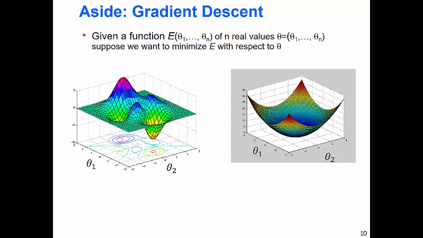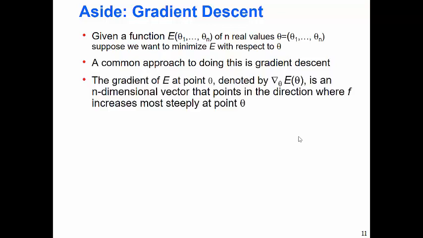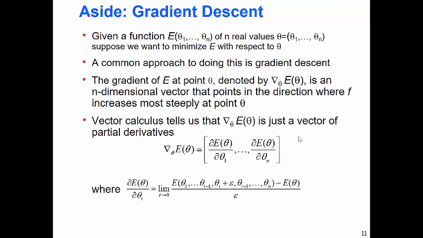Then you're at a new location, and you do the same thing over and over and over, until you reach some place where you get stuck and can't decrease anymore. So basically moving downhill. And as I said, the common way of doing this is with gradient descent.